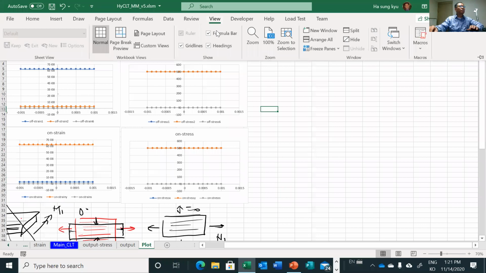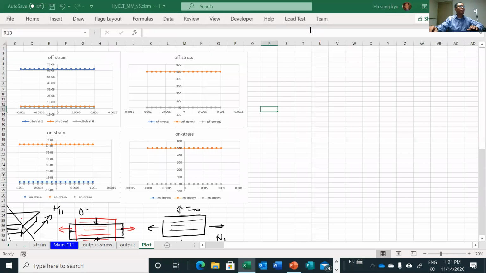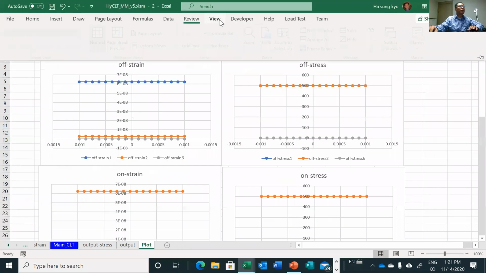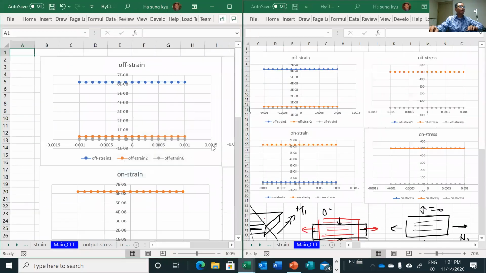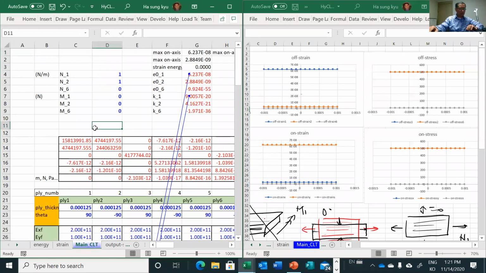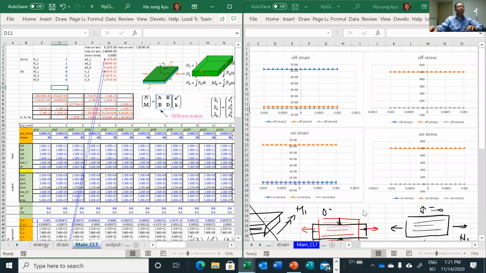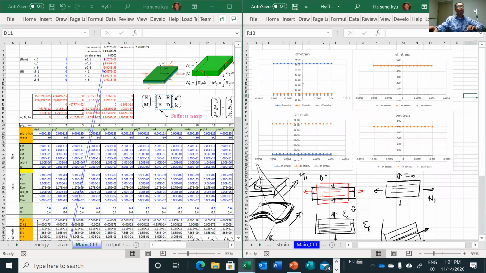Okay, just one second. I would like to have a new window and then arrange vertically so that we can see two windows. Okay, so this is the off-axis stress, on-axis stress, and off-axis strain and on-axis strain.